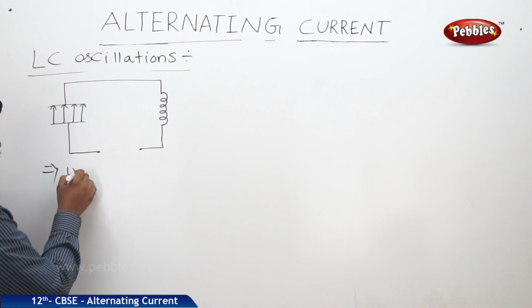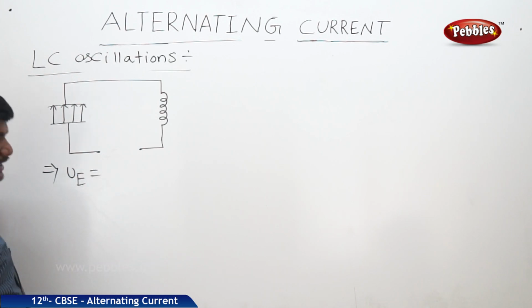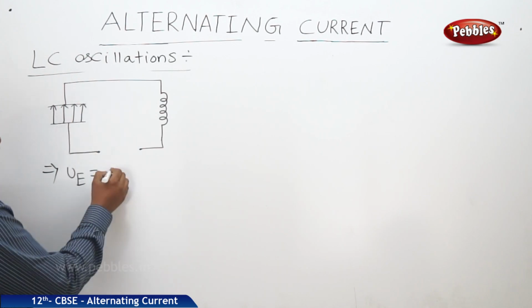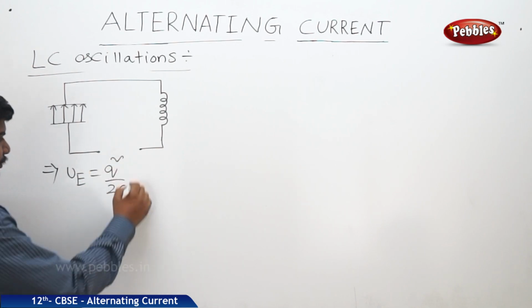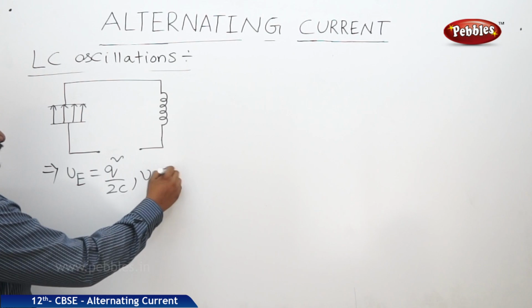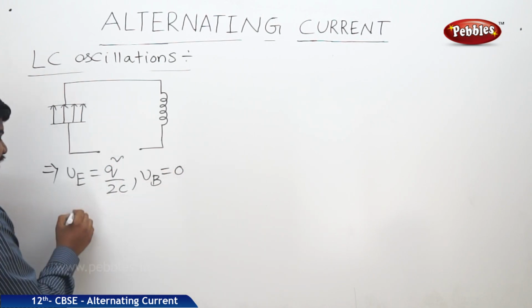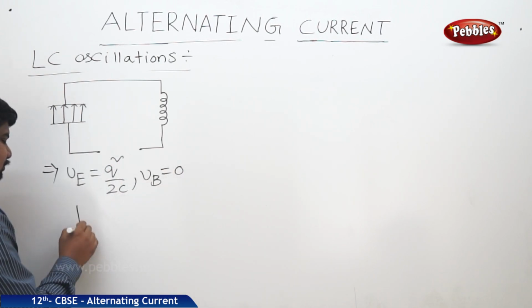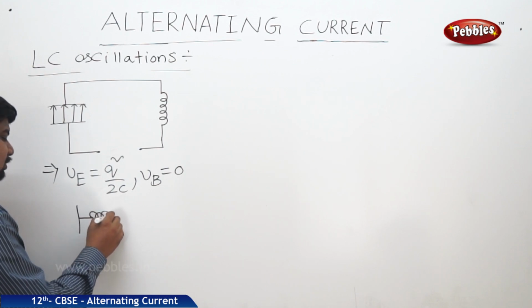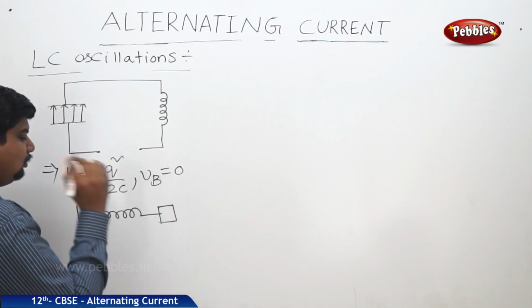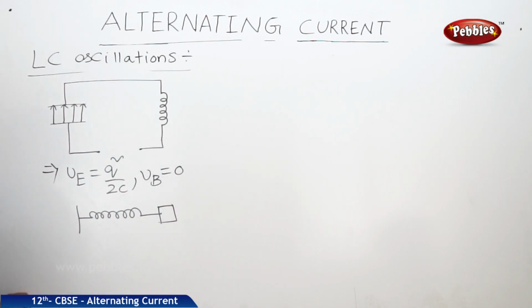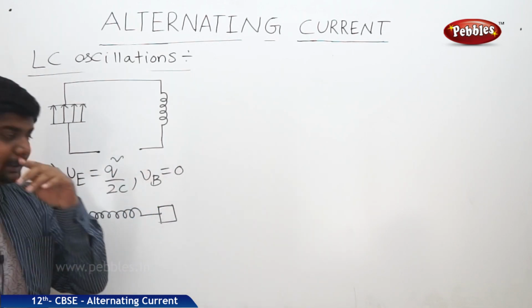Therefore, the total energy is the energy stored in the capacitor, Q square by 2C, and the energy stored due to the magnetic field is 0. This condition is almost equal to a spring just loaded and just expanding.